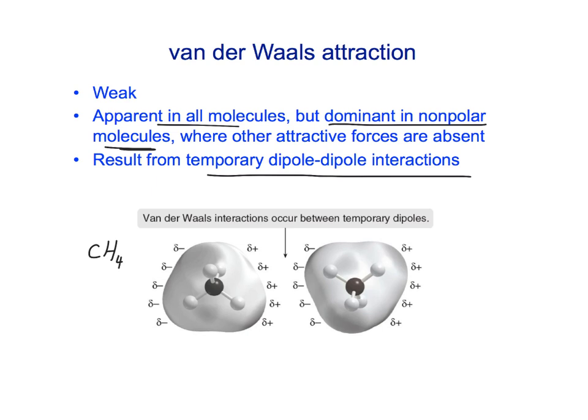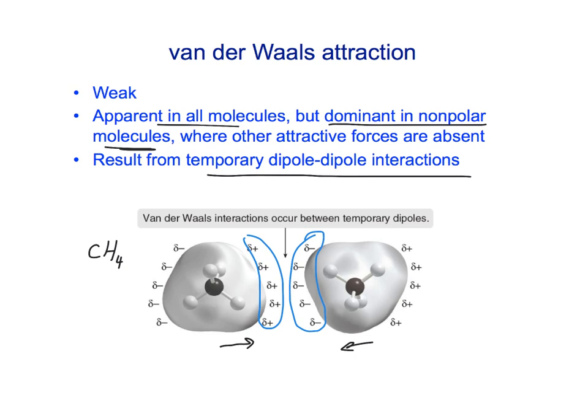Carbon-hydrogen bonds are very nonpolar, and so there would be very little attraction between methane molecules. But what happens is if these two molecules get pushed together, the electron cloud in one gets pushed away a little bit relative to the other. We build up a slight amount of delta plus on one side, slight amount of delta minus on the other side, and those partial charges attract each other.